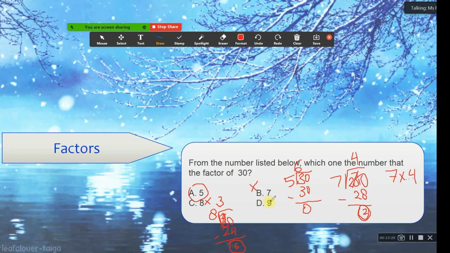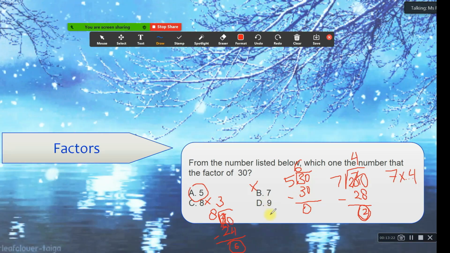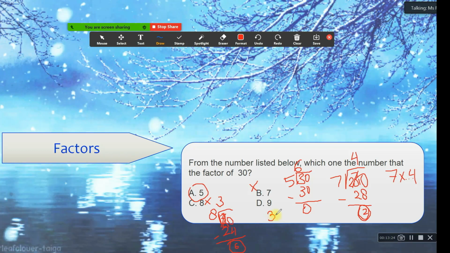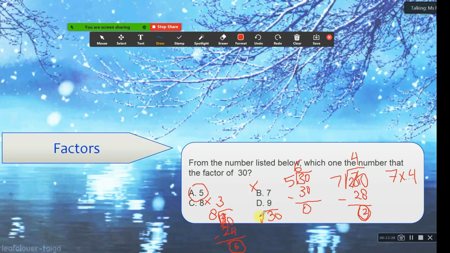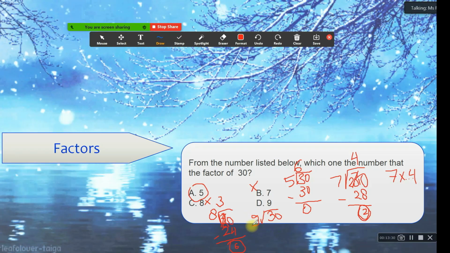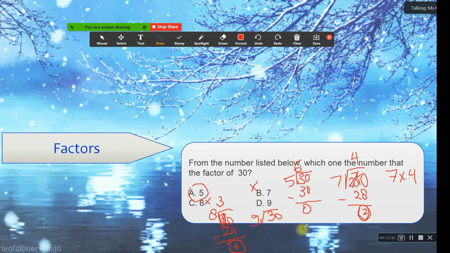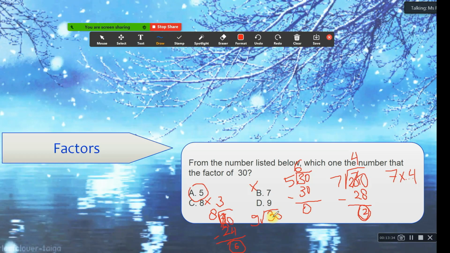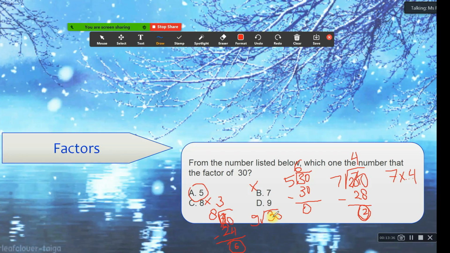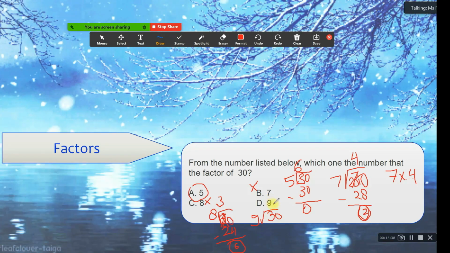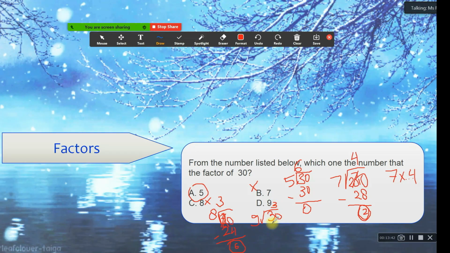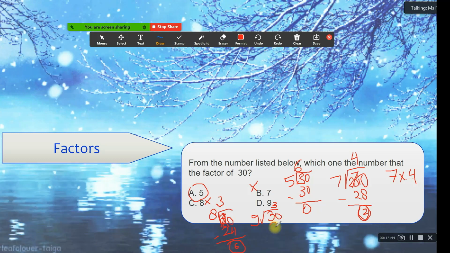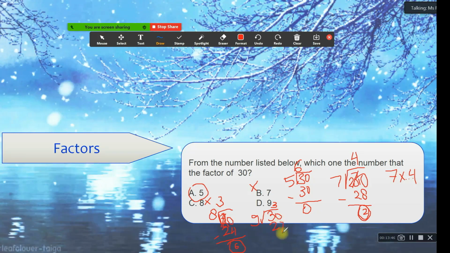How about 9? We can divide 30 by 9. 30 divided by 9. How many? 9 times blah blah blah. The result is smaller than 30. 9 times 3 equals 27.